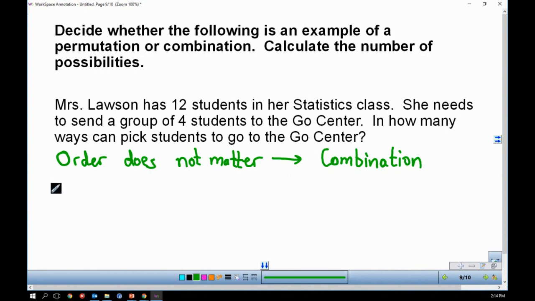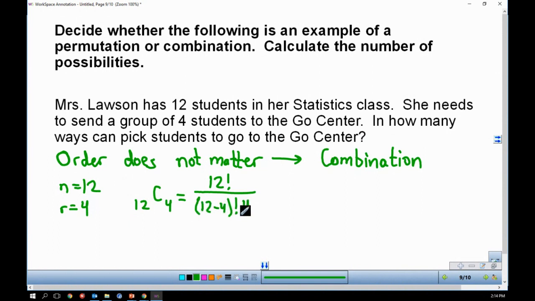So how many do I have to pick from? And how many am I picking? So set up our formula, over 4 factorial. 495?